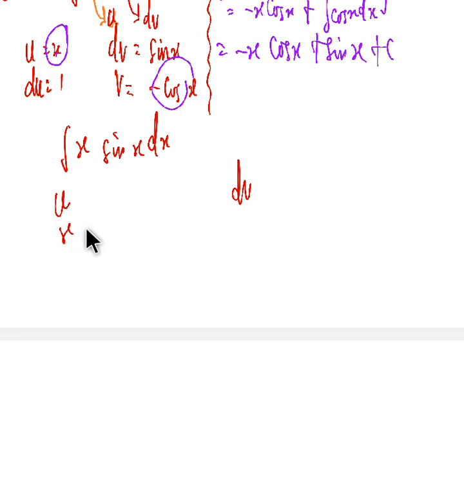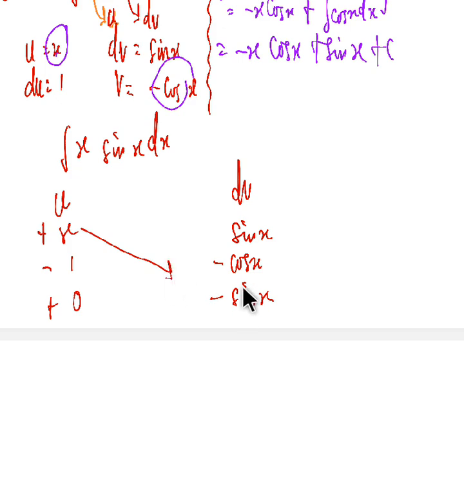Our u, as I've said earlier, is x, then our dv is sine x. We call this plus. If we differentiate x, we have 1, and we call this minus. If we differentiate 1, we have 0, and we have plus. If we integrate sine x, we have minus cos x. Then if you integrate minus cos x, you still have minus sine x.